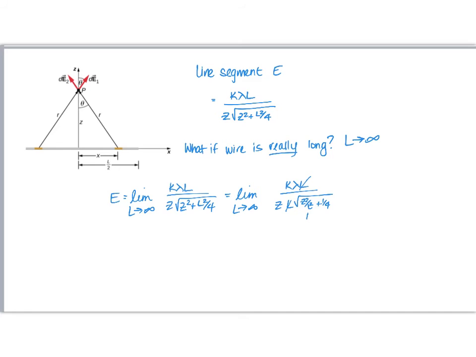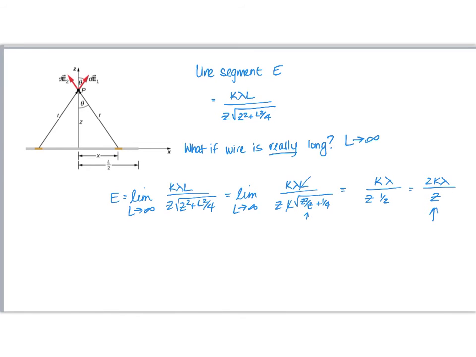And then if this L goes to infinity, that whole term is going to go to 0, and I'm going to be left with k lambda over z, and then 1/2. That's the square root of 1/4, which is the only term that's left under the radical, which just ends up to be 2k lambda over z.